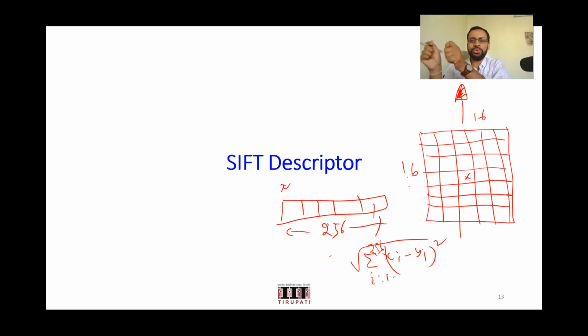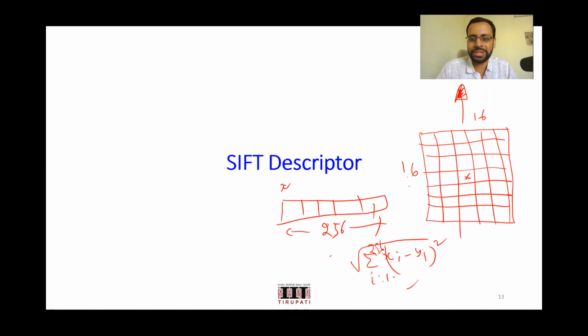Then I take the difference of the corresponding elements, square them to get rid of positive or negative differences, and sum them up. If the difference is minimum, then I would say this belongs to the same point. The patch resulting in the minimum value is the corresponding key point.